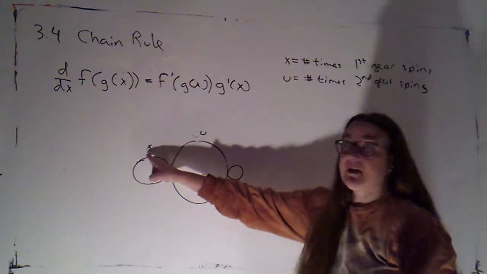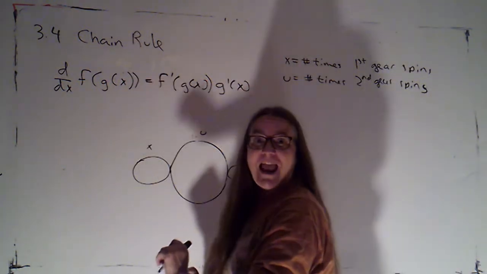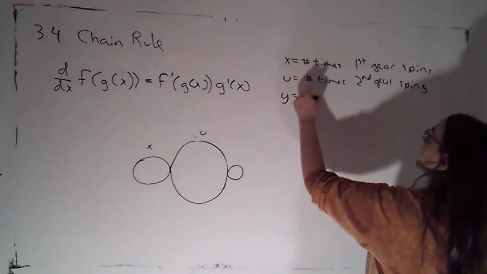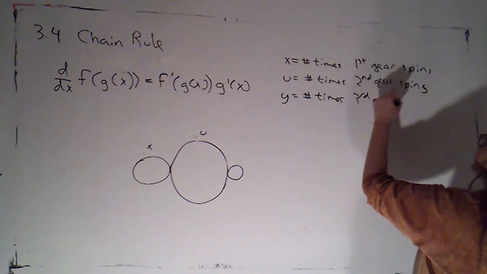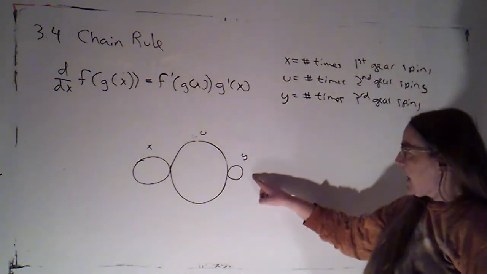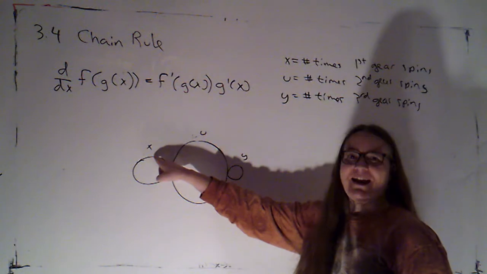And that, of course, is going to depend on x, because I'm going to spin this one. That's going to start the chain reaction going. Okay? And then y, we'll let that be the number of times the third gear spins. And that, of course, is going to be determined by u, which is in turn determined by x.